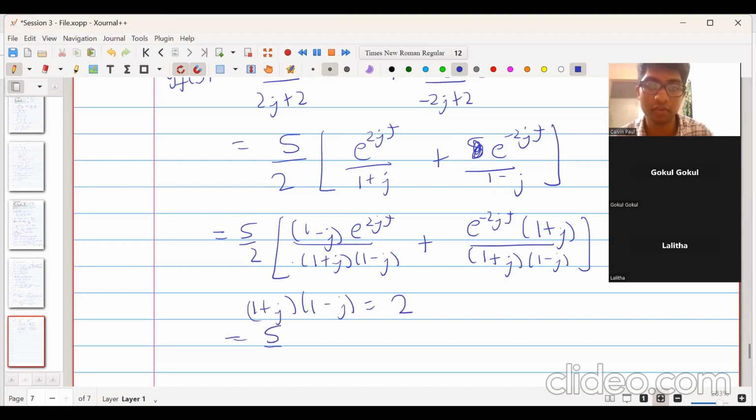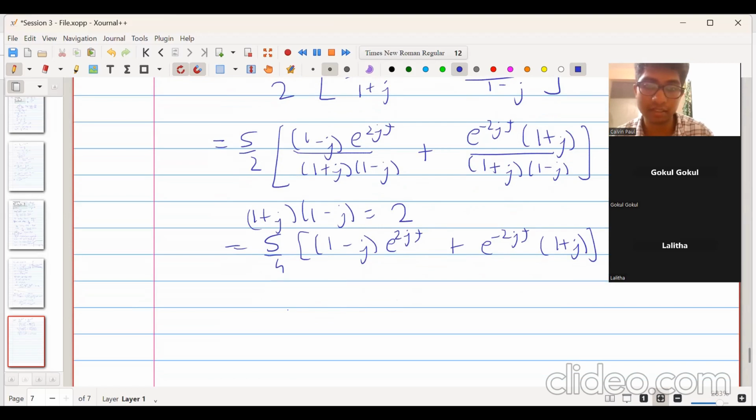So that will be equal to 5 upon 4 into 1 minus j e to the power 2jt plus e to the power minus 2jt into 1 plus j. Okay. So we will write it like this. This is equal to 5 upon 4 into e to the power 2jt plus e to the power minus 2jt plus j into, okay, we'll do minus j, sorry, minus j e to the power 2jt minus e to the power minus 2jt.